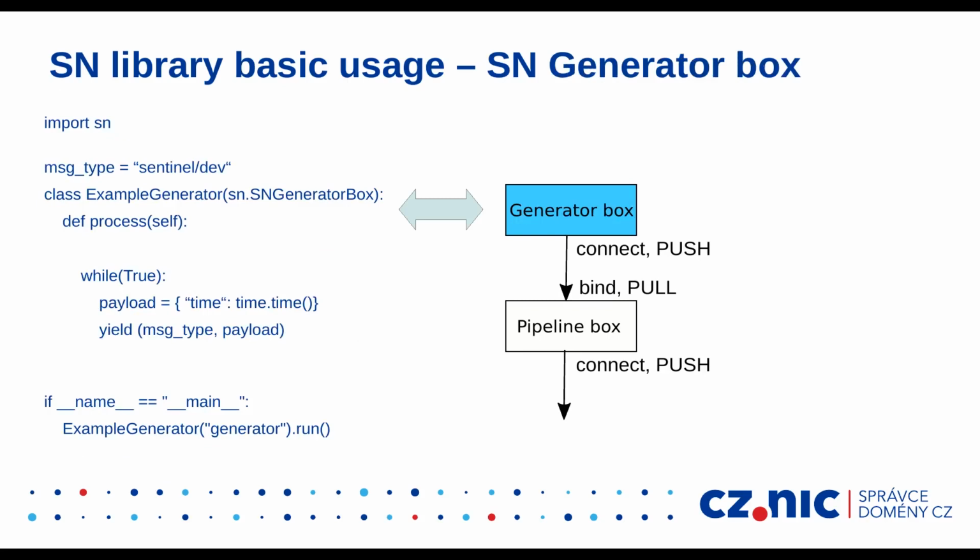The second type of predefined boxes is the Sentinel Network Generator box. It serves at the very beginning of a pipeline and usually performs decoding from other protocols to 0MQ or fetches data from other sources. It expects only one resource for its single output socket. We use this type of box, for instance, as a source of data for our dynamic firewall pipeline, where it fetches data from the Honeypot as a Service project.